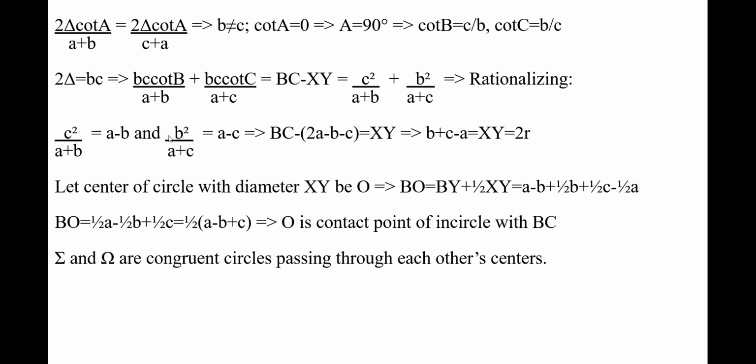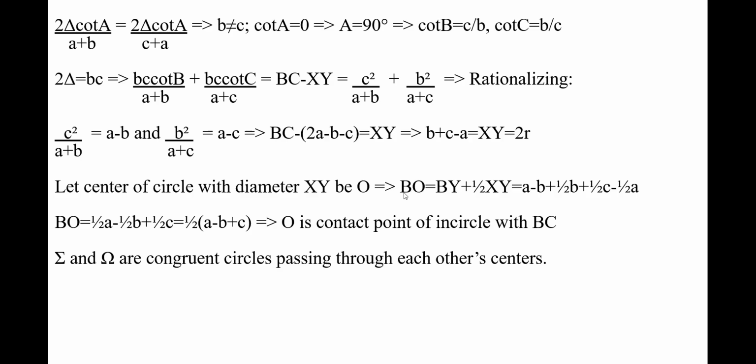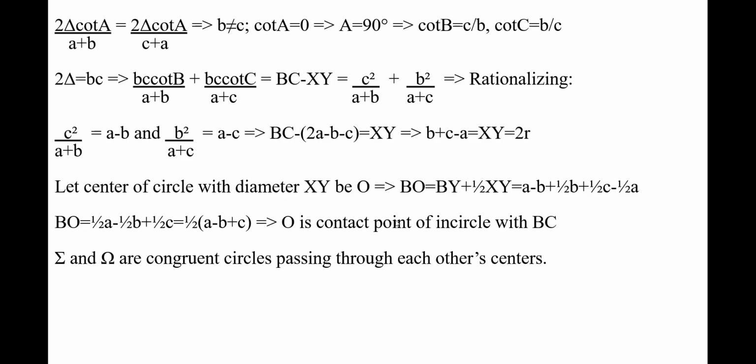Now we want the length of BO because we need to find something. Now BO will just be BY plus half of XY, right? Because XY is just 2 times XO, that's all we need. So basically we have this, and then BY we just substitute the values. So I have A minus B is BY, and then half XY is just this, right?